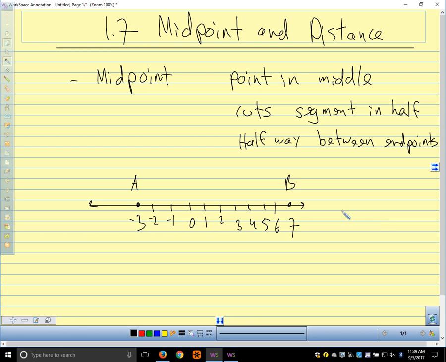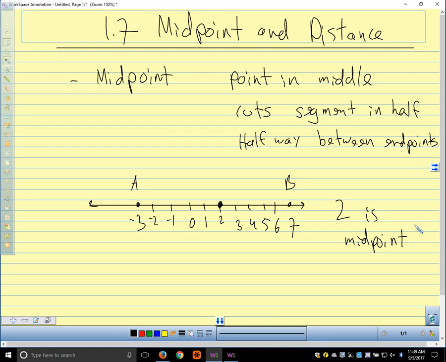So 10 divided by 2 is 5. So we need to go 5 units from either endpoint. So 1, 2, 3, 4, 5, we get to 2. So 2 is the midpoint. It's 10 units between them. Half of 10 is 5, so we have to go 5 units from either one to get to the midpoint.